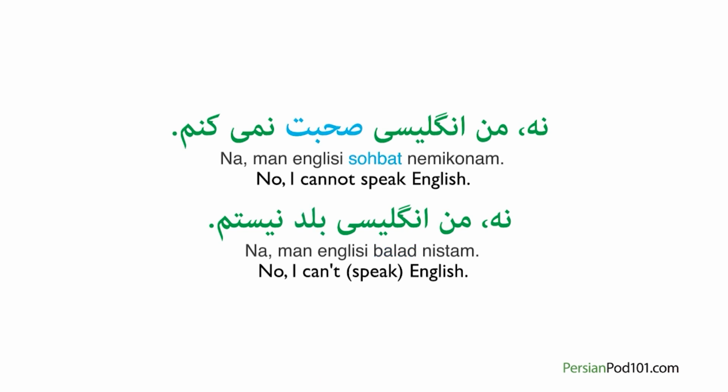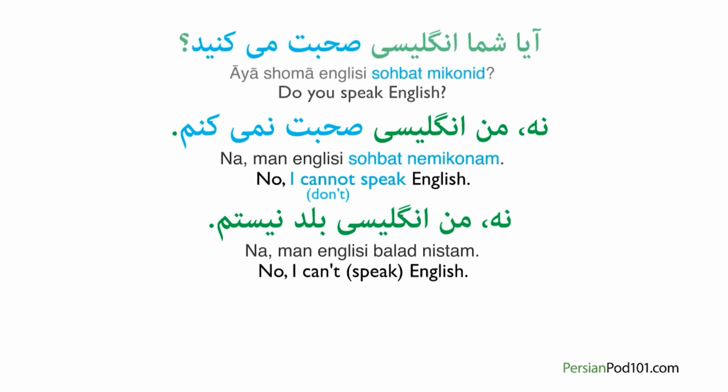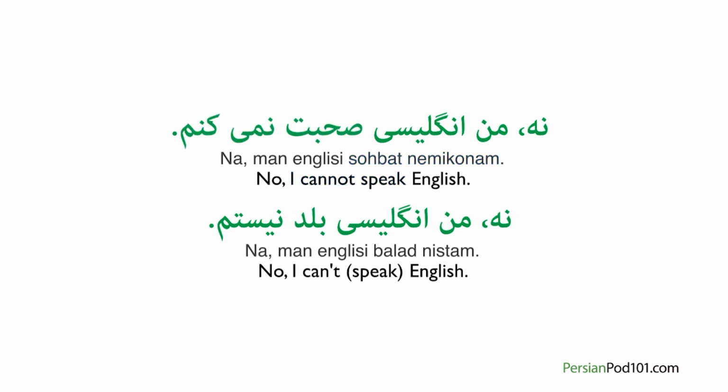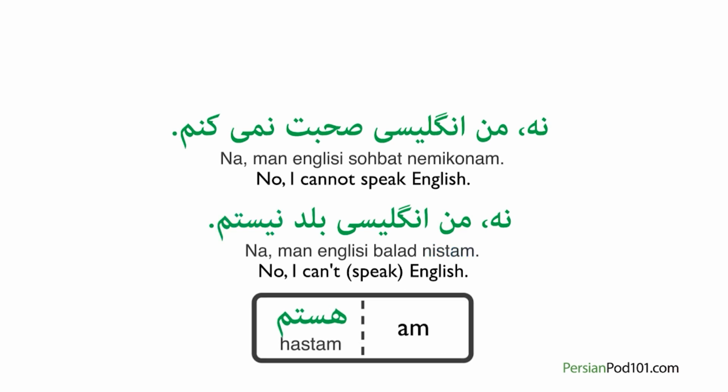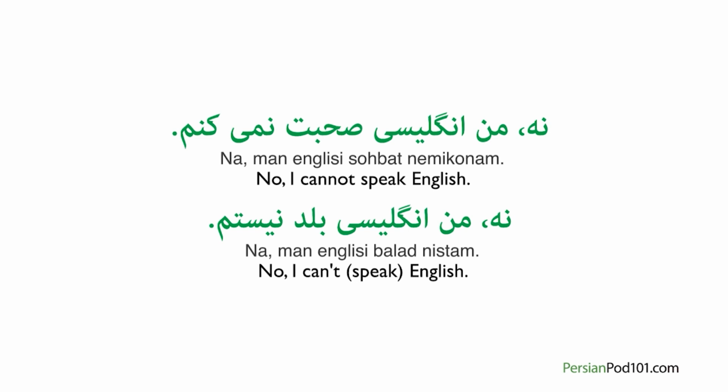Combined with صحبت, now you know that صحبت نمی کنم means I don't speak, and صحبت می کنید means you speak. Also, نیستم is actually the negative version of هستم, but it looks slightly different in the negative form. Verbs and phrases change depending on the person speaking.